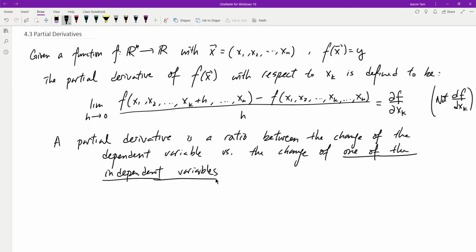Here's the kicker, here's the important part: while all the remaining independent variables are fixed, meaning they remain constant.